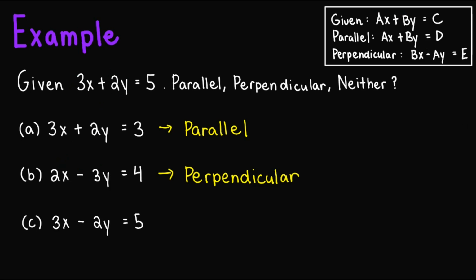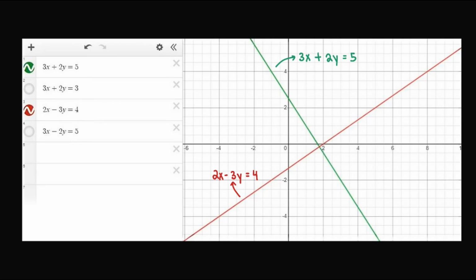And indeed, if we check its graph, we can clearly see that these two lines are perpendicular. If we try to observe, this one out here is a right angle. Therefore, these two lines are indeed perpendicular and we got the correct answer.